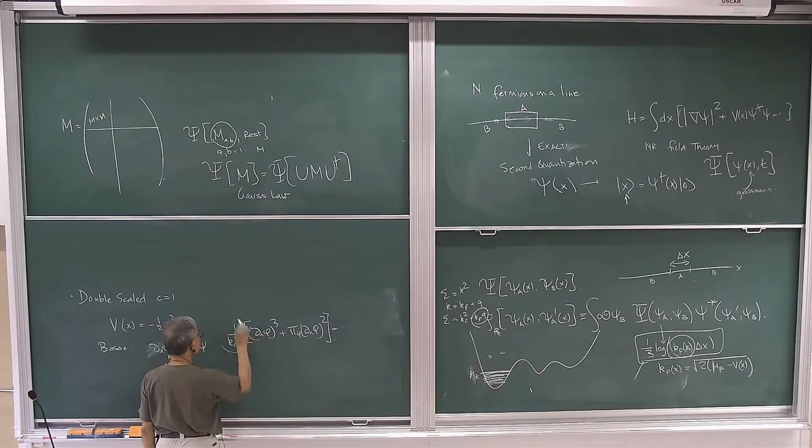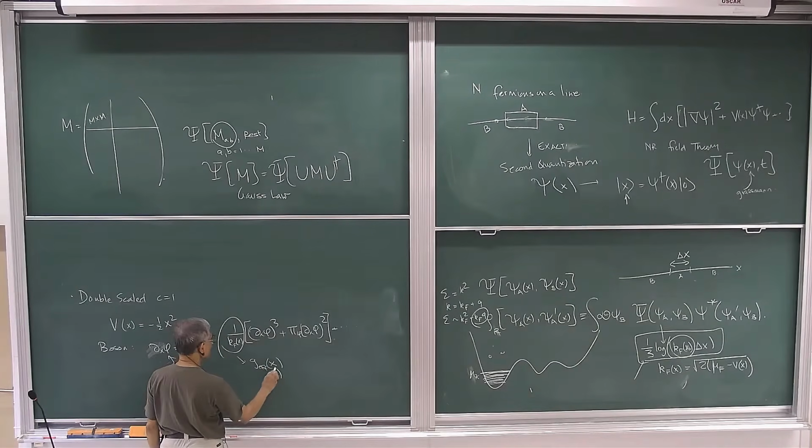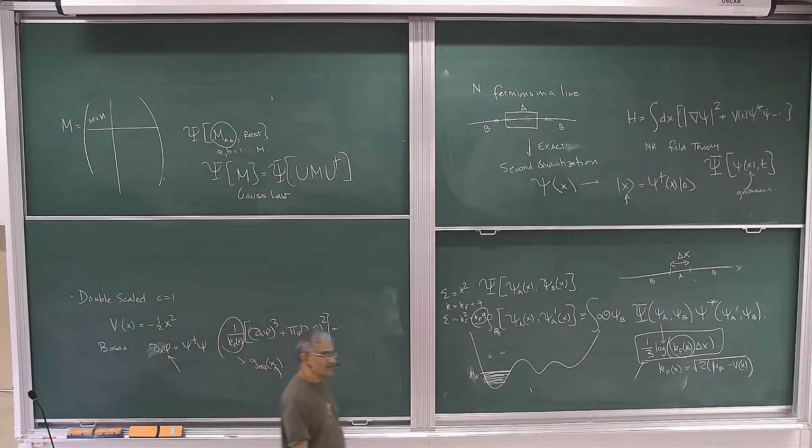This object is like an effective string coupling. It's a function of this position x, because if you look at what the string theory is, and I'll not go into detail, it is a dilaton background. It's a famous linear dilaton background. As a result, the string coupling is position dependent, inhomogeneous.